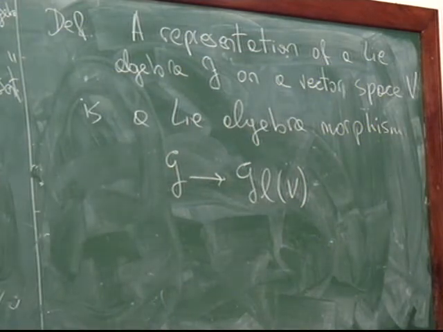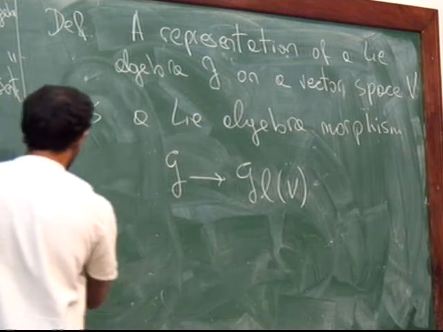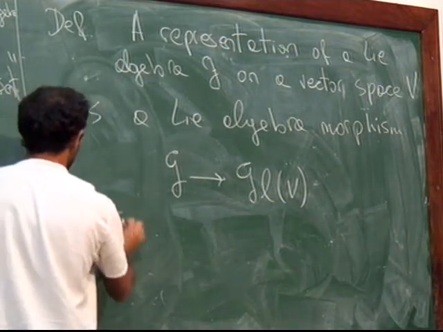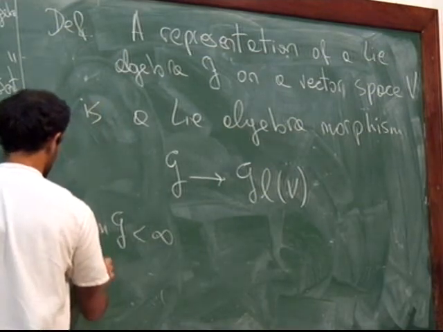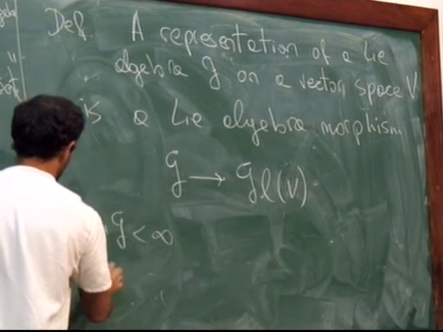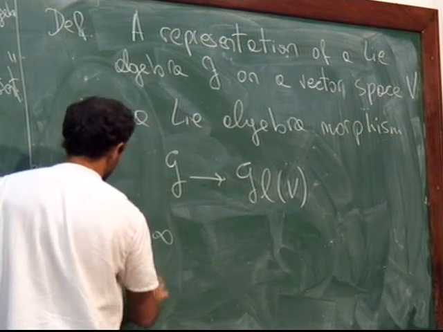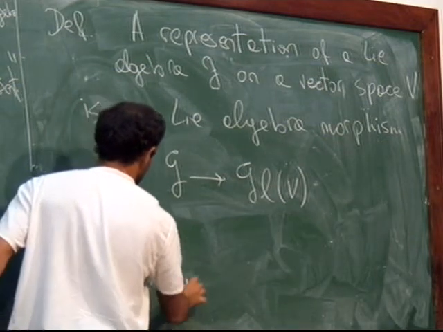Now, typically, especially during this class, we will be working with the dimension of G being finite, but we may have the dimension of V being infinite.